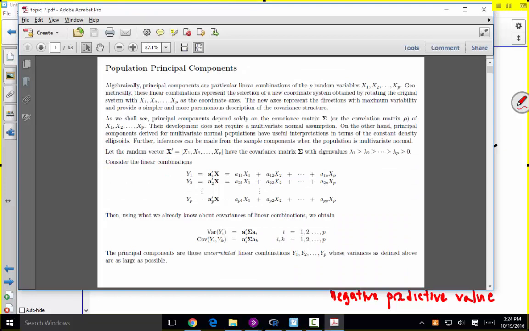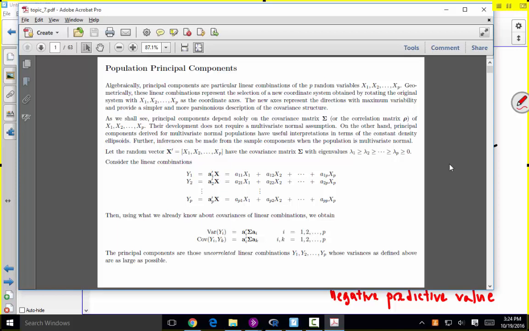All right. So let's start talking about our next topic, which is principal component analysis, or PCA. This is going to have a similar feel to linear discriminants. Remember that linear discriminants are linear combinations of the predictor variables that are chosen carefully.